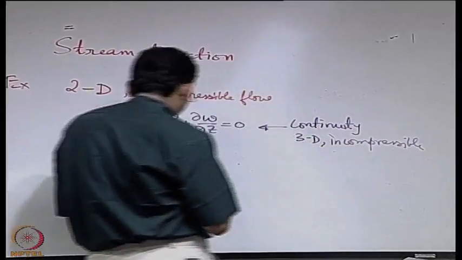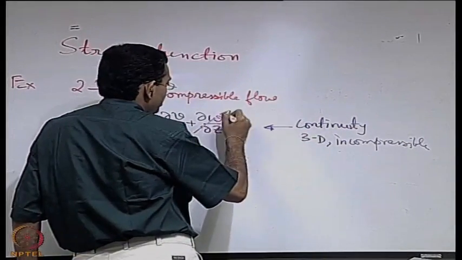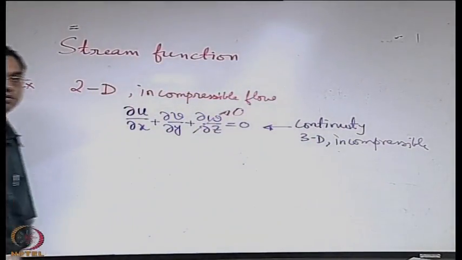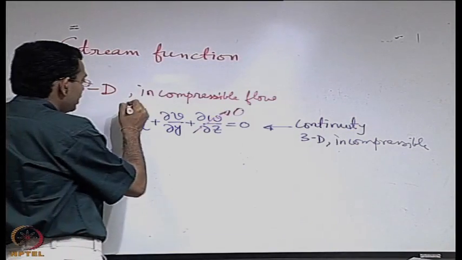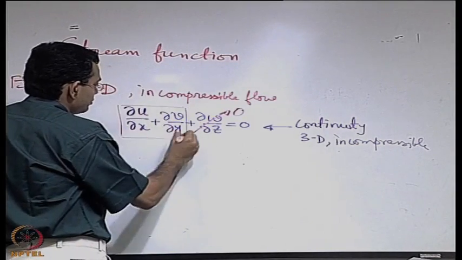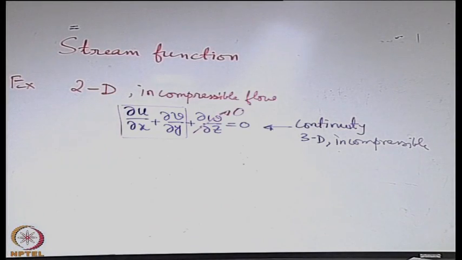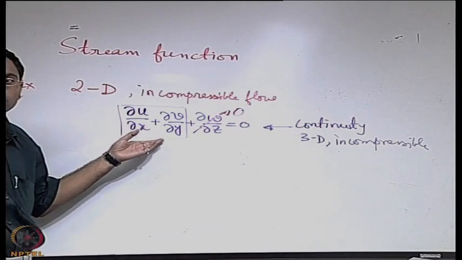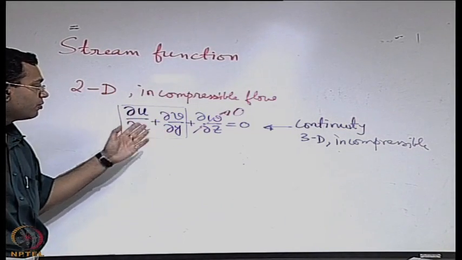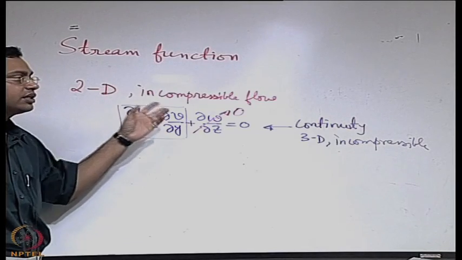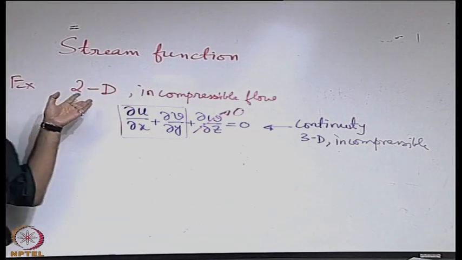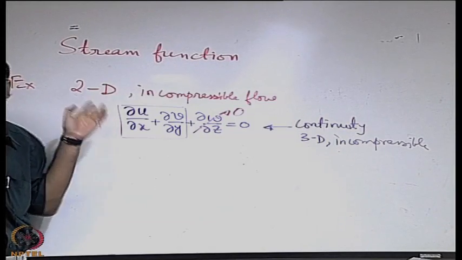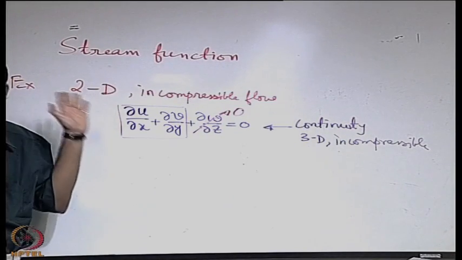Now when it is 2-dimensional, that means the third velocity component is not important, so you are left with these two terms. Now let us say that you are interested to find out the velocity components u and v. We will later on see that this is not the only equation that governs the change in u and v, there are other differential equations which need to be coupled.